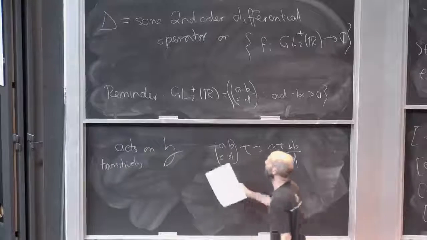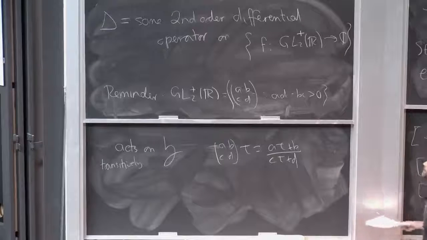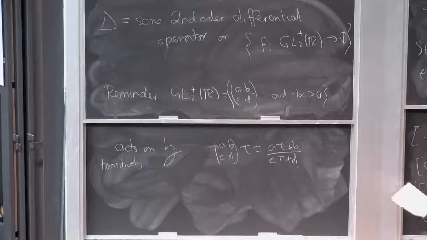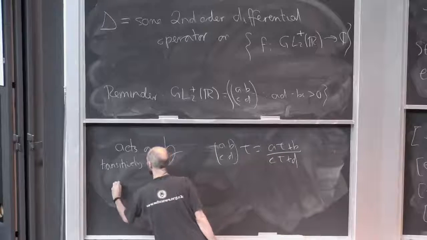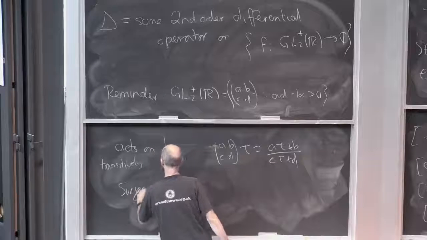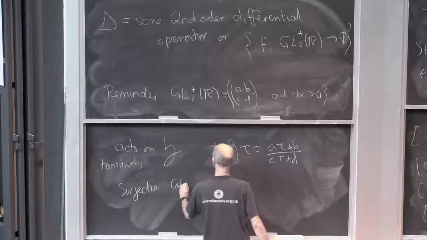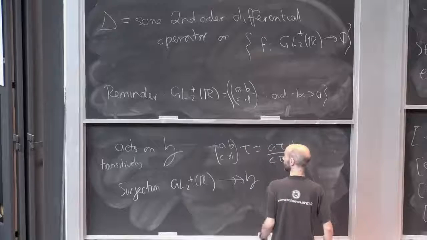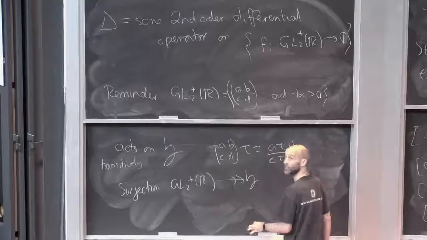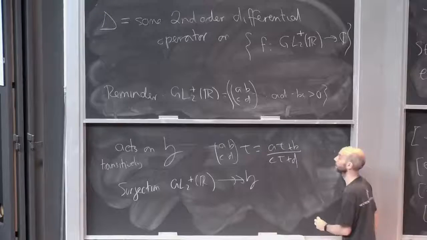What I'm trying to argue is that I should be able to get a function on GL2 plus R if I have a function on the upper half plane. You see? So there's a surjection of GL2 plus R onto the upper half plane. Just a surjection of sets, well, a surjection of real manifolds, I guess.